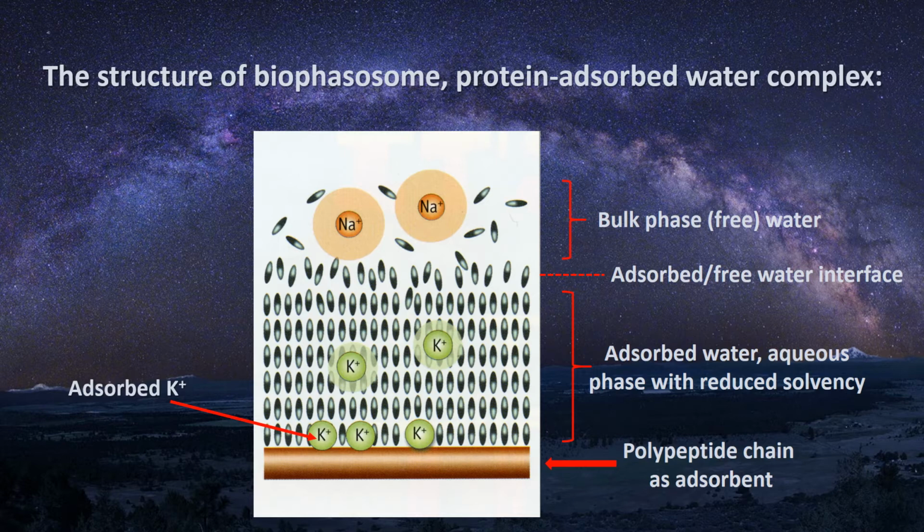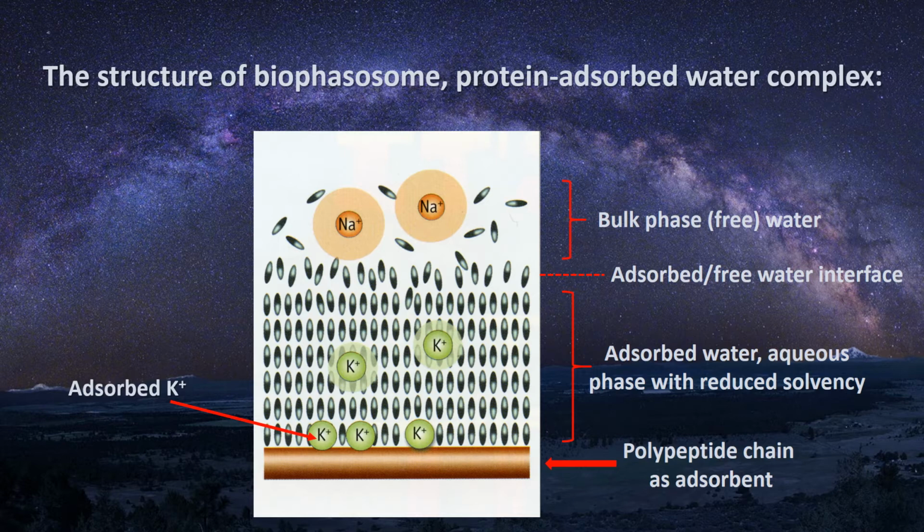Below we see a polypeptide chain, the adsorbent, on whose surface the adsorbed aqueous phase is formed, with stronger hydrogen bonds between water molecules. This phase is a poor solvent in comparison with bulk water.